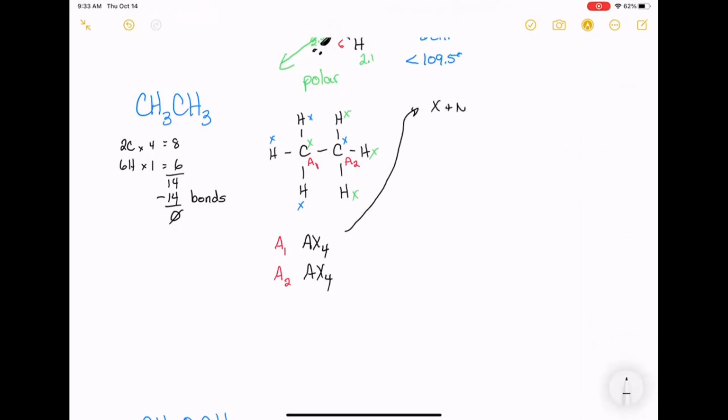X plus N, therefore, is equal to 4. The electronic geometry of both is going to be tetrahedral.